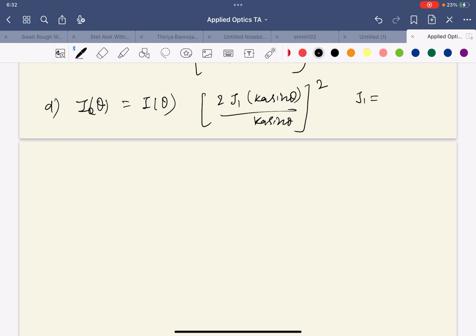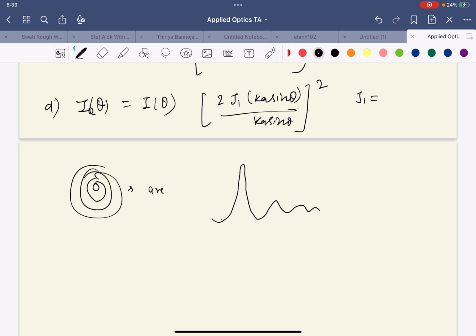Let's discuss. If we consider this circular aperture, then the far field intensity distribution is described by the Airy pattern, you know, right? So this is the Airy pattern, or in 2 dimensions it looks like this. If this is intensity and this is space x or y.